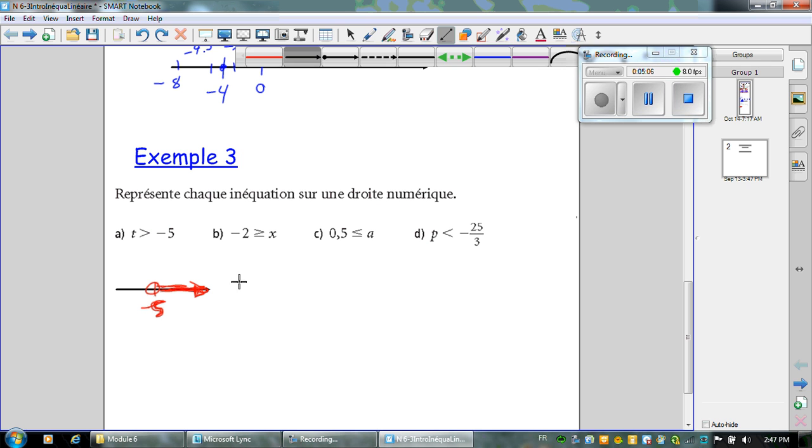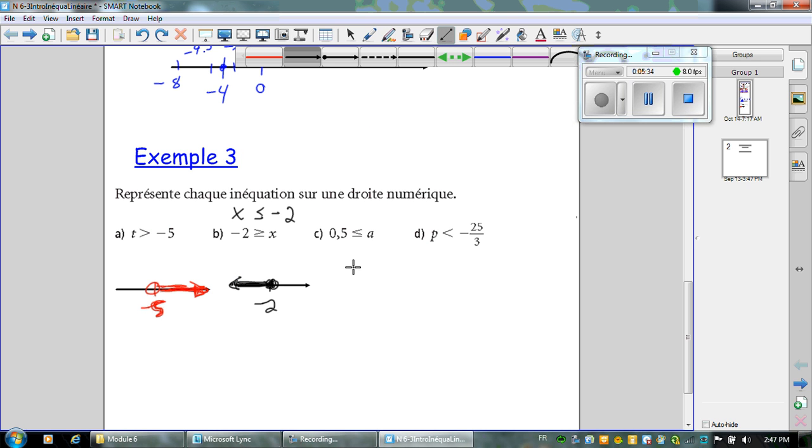Second one reads as negative 2 is greater than all the numbers, or you can write it this way: all the numbers smaller or equal to negative 2. So all the numbers to the left of negative 2, but there's an underline, it can be negative 2, so it's a closed circle and all the numbers to the left.